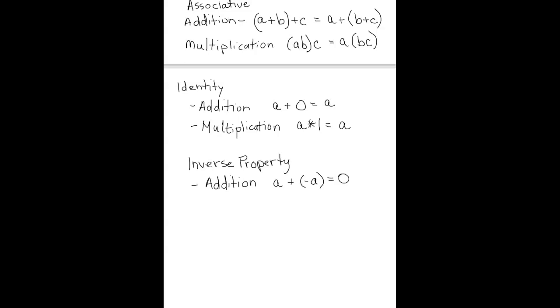My multiplicative inverse property: if I have A and I multiply that by the inverse, which is 1 over A, that's going to give me a 1. If I divide A by A, I get a 1. So this is pretty straightforward stuff.